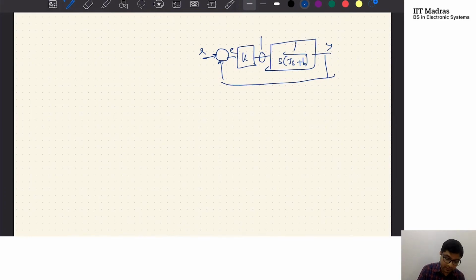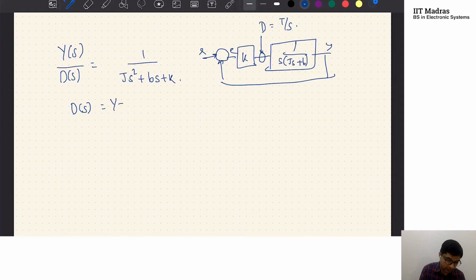And now I have a disturbance signal here. Let's say the disturbance is of some magnitude T. So what is the effect on the output due to the disturbance? This will be 1 over Js squared plus Bs plus K, and when D(s) is T over s. I also have E(s), which is the negative of E(s) over D(s).